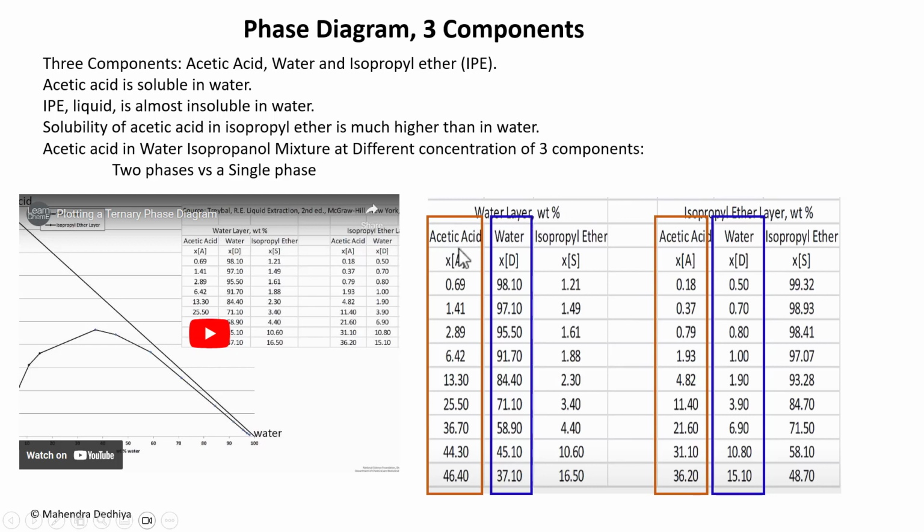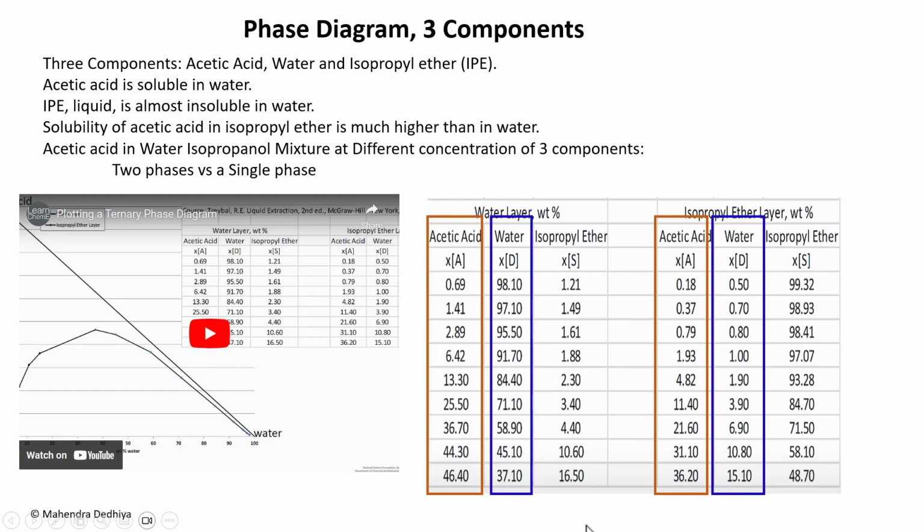In the water layer, percent weight, water goes from 98.1% down to 37%, and acetic acid concentration increases from 0.69 to 46. The rest is isopropyl ether. Similarly, in the isopropyl ether layer, we can look at it from 100 to 48.7%. We can determine acetic acid, and the rest of the material is water.